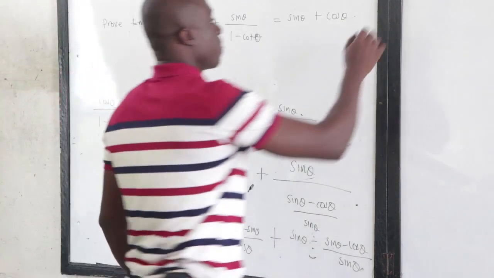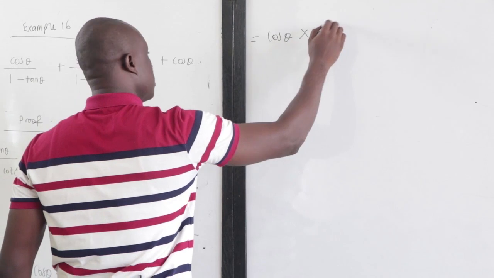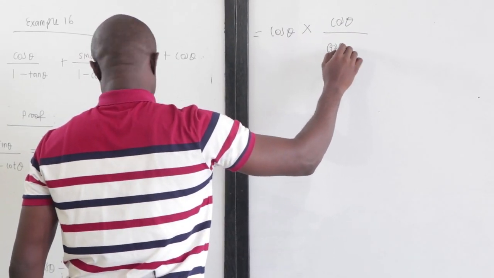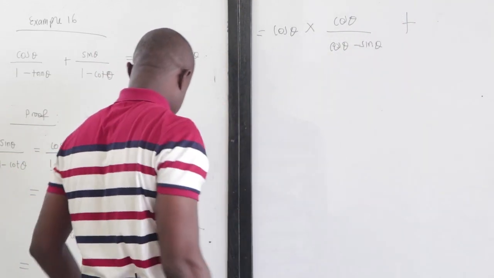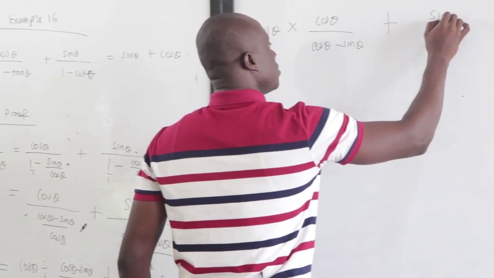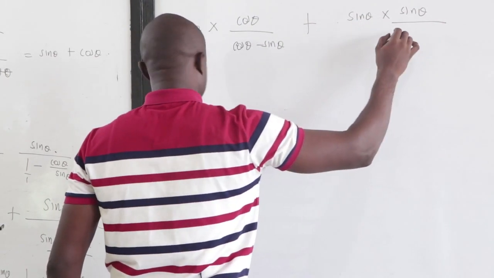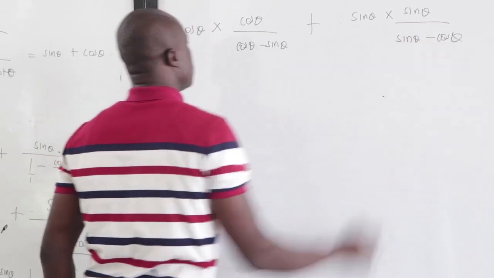Multiplication. So clearly, this is just cos theta times cos theta all over cos theta minus sine theta, plus the other side too, we have sine theta times sine theta all over sine theta minus cos theta.